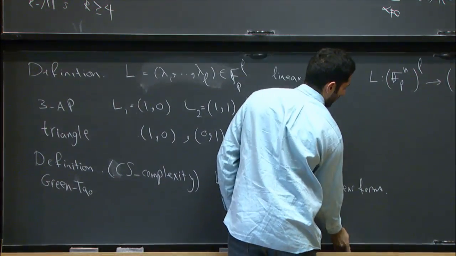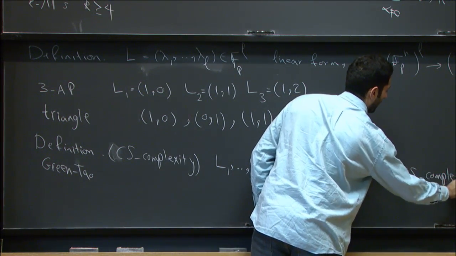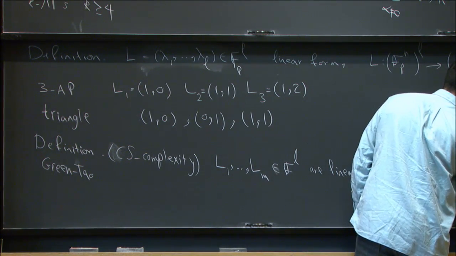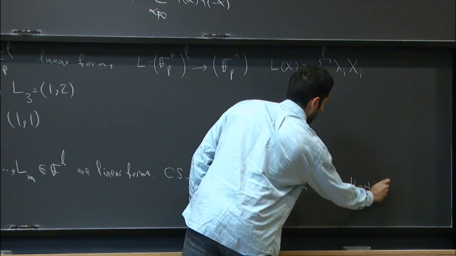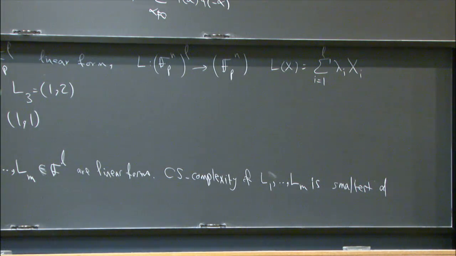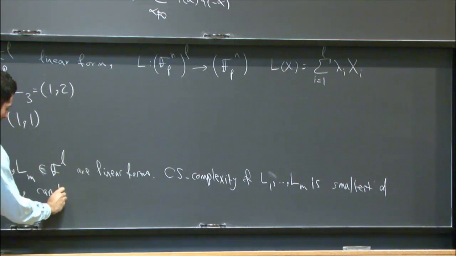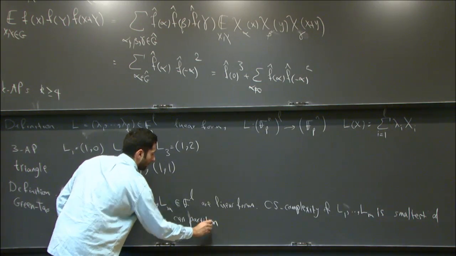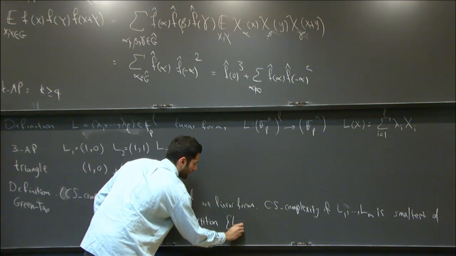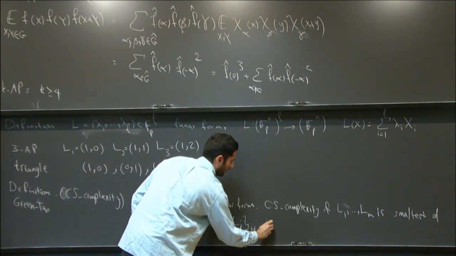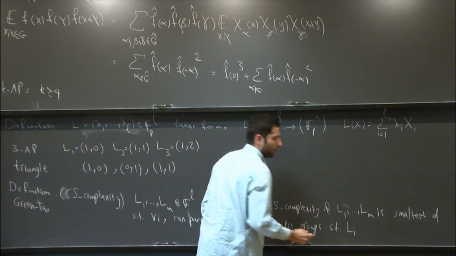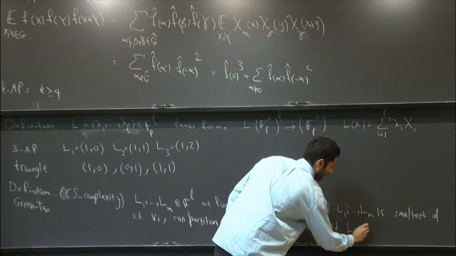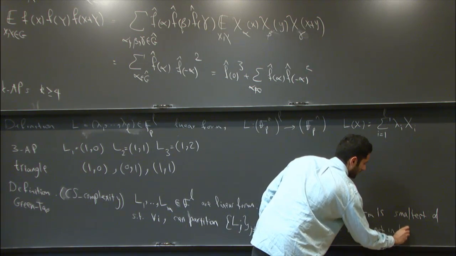The Cauchy-Schwarz complexity of L1 up to Lm is the smallest d such that you can do the following: for every i, we can partition all the linear forms Lj such that j is not equal to i into d plus 1 groups such that Li is not in the linear span of each group.